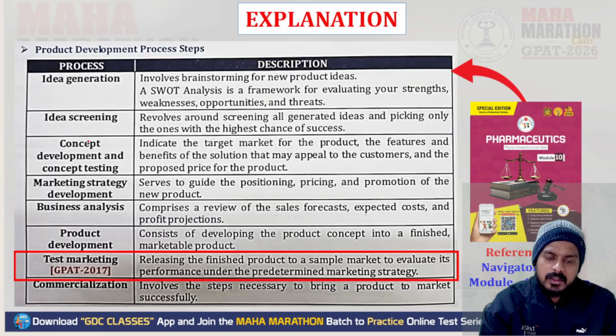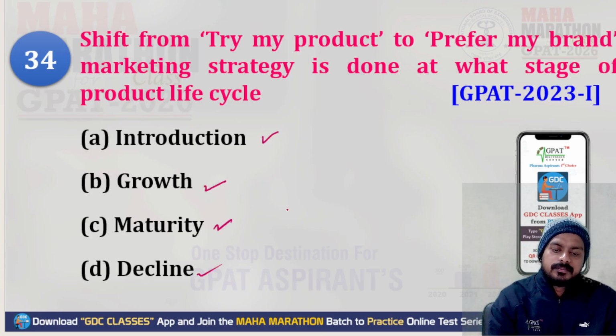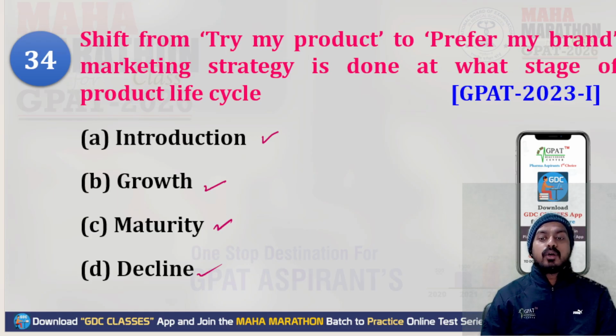Next question. The shift from try my product to prefer my brand marketing strategy is done at what stage of the product life cycle? Introduction, growth, maturity, or decline. Try my product to prefer my brand.